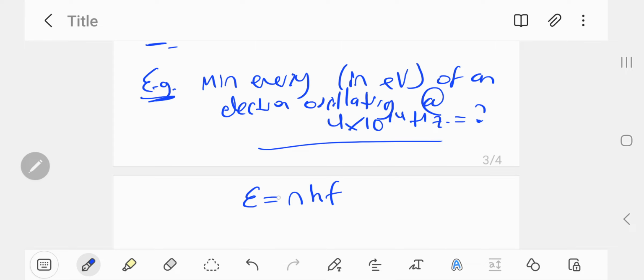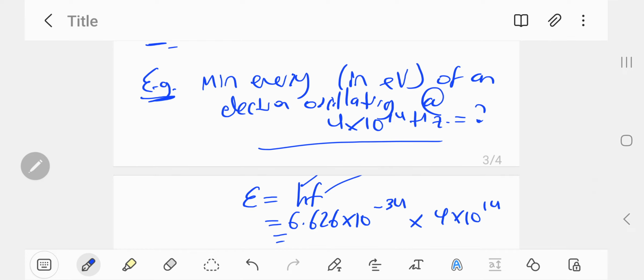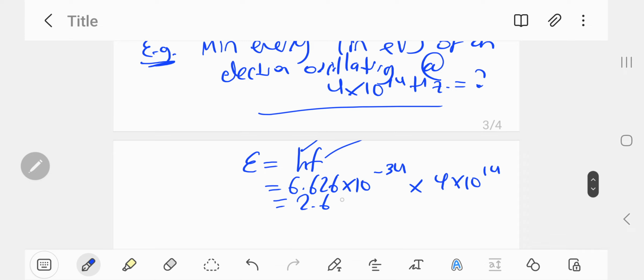Typically in these questions, you can just omit the n, or set it equal to 1, if it doesn't specify. So E equals hf. We know what h is, we know what f is. h is simply from the data sheet, 6.626 times 10 to the minus 34, and the frequency is 4 times 10 to the 14. Plug those into your calculator and you get 2.65 times 10 to the minus 19 joules.